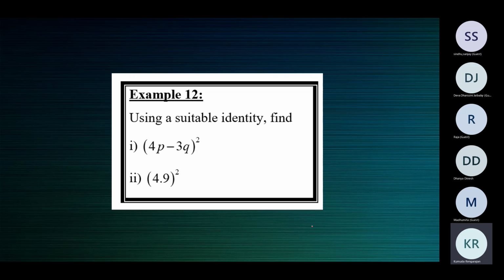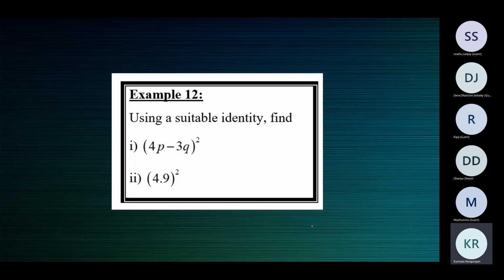Correct. See, actually, when you use an identity, it takes a little longer. It's about how efficient you are in using an identity. It's not about how quickly you get the answer. We are not using the identity to make the calculation faster.